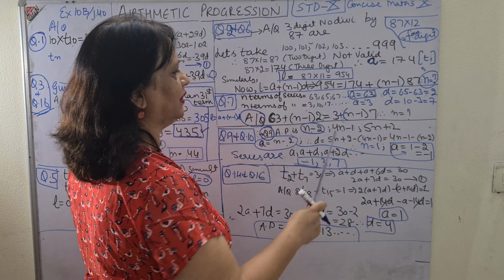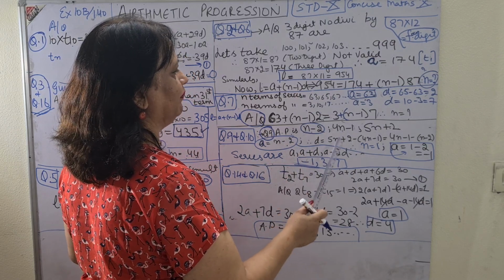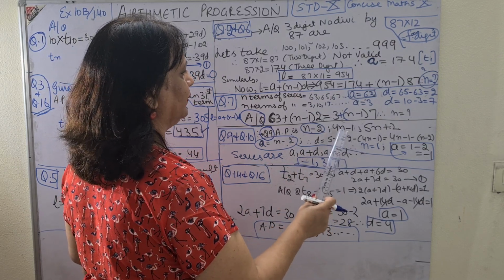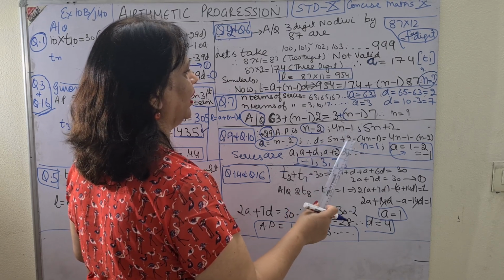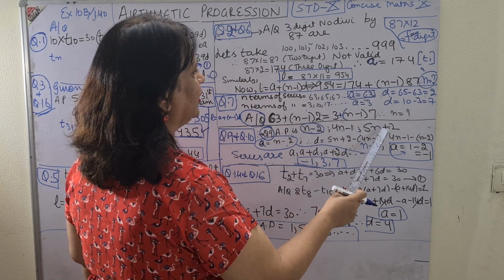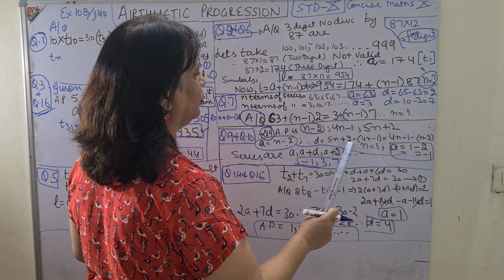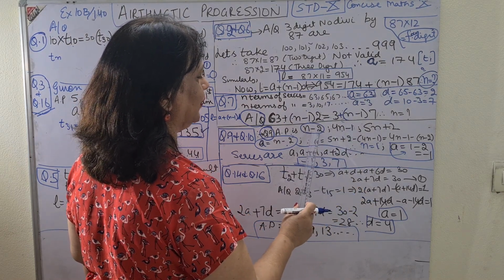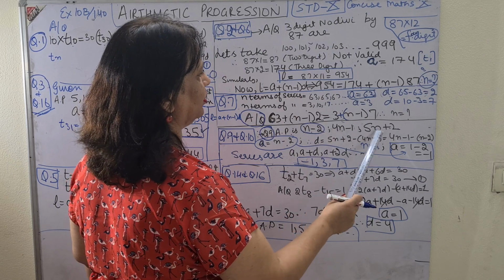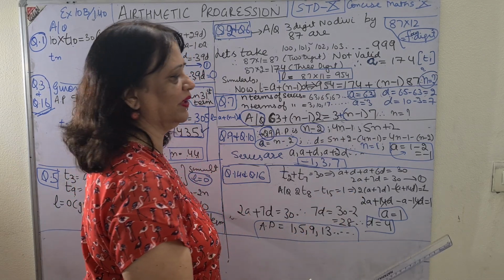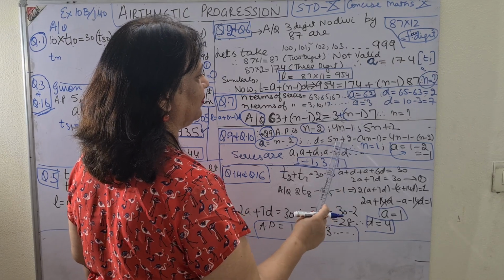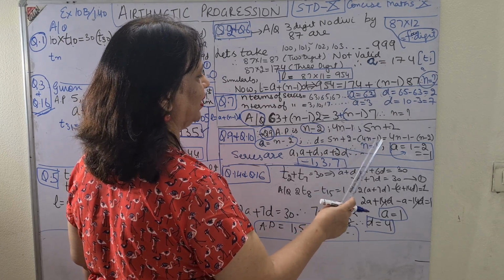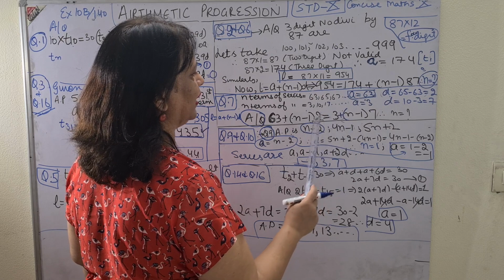D is T2 minus T1, or is equal to T3 minus T2. This I will do because in this AP series n is not given to you, so I am not sure about the common difference. So what I will do, T3 minus T2, that is 5n plus 2 minus (4n minus 1), is equal to T2 minus T1.